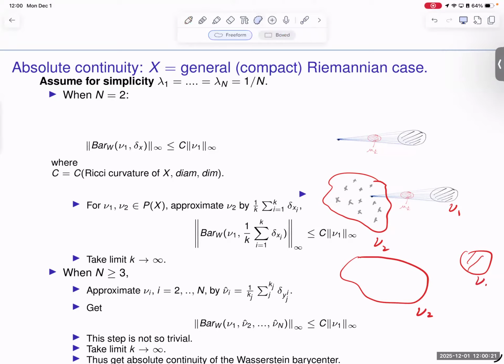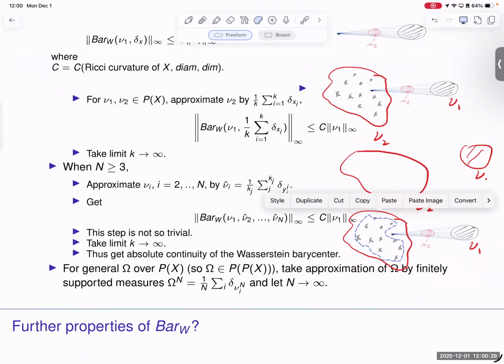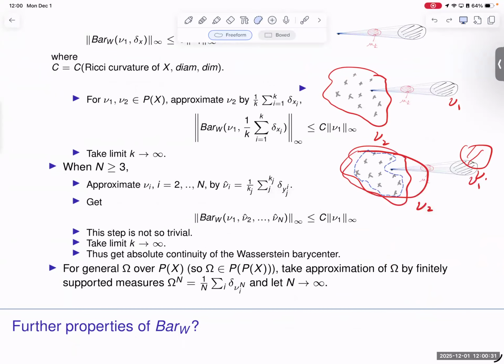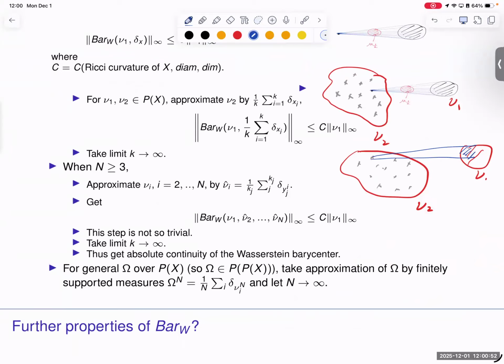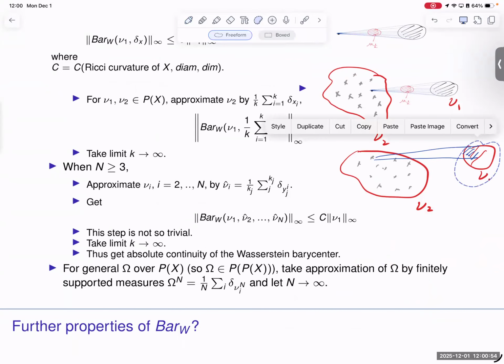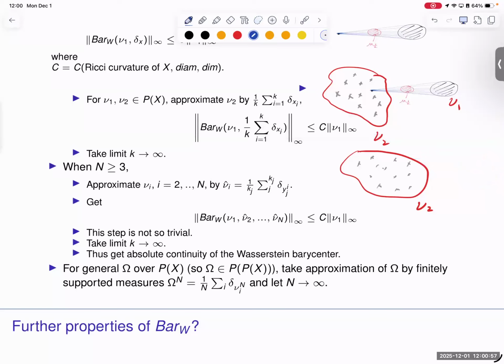You have these points here, and these points match with some part of this measure.